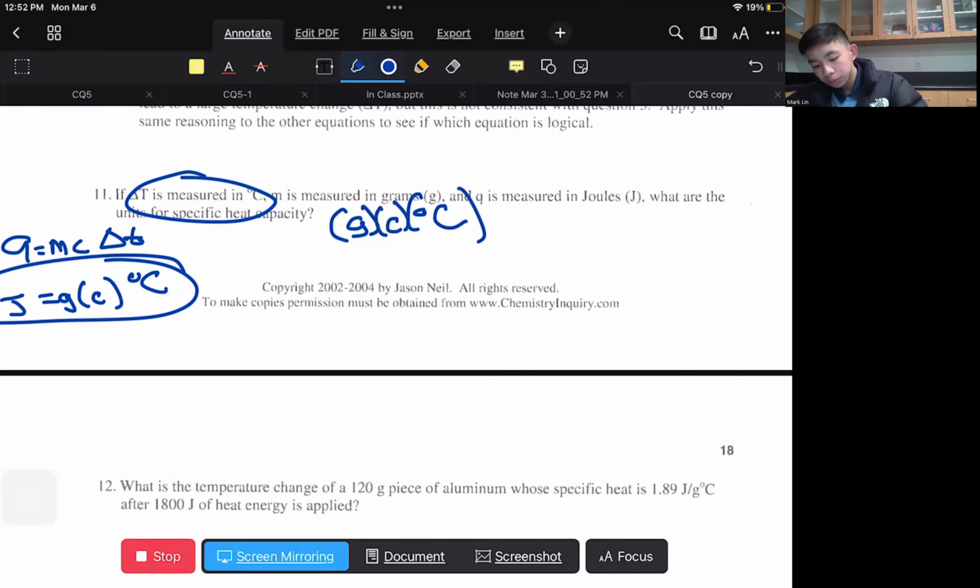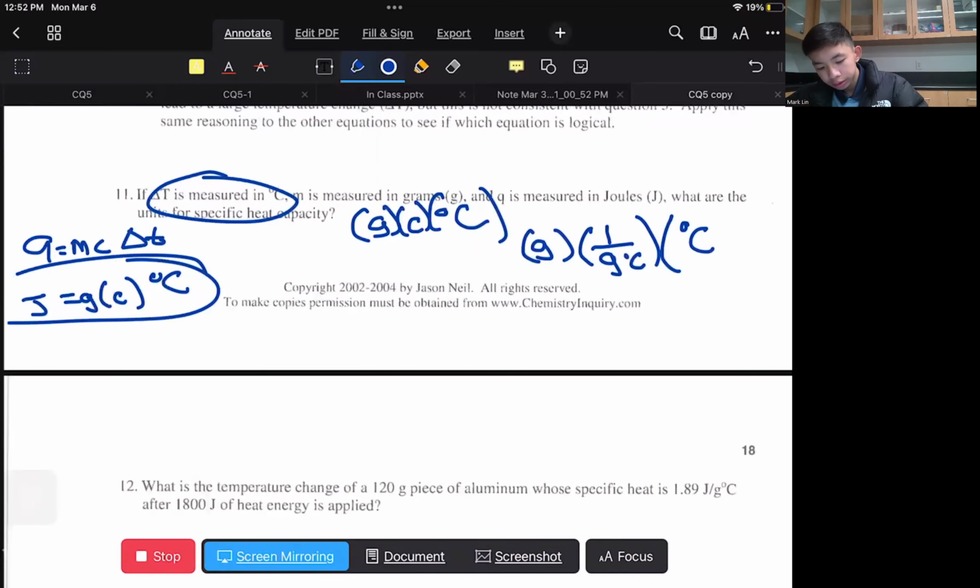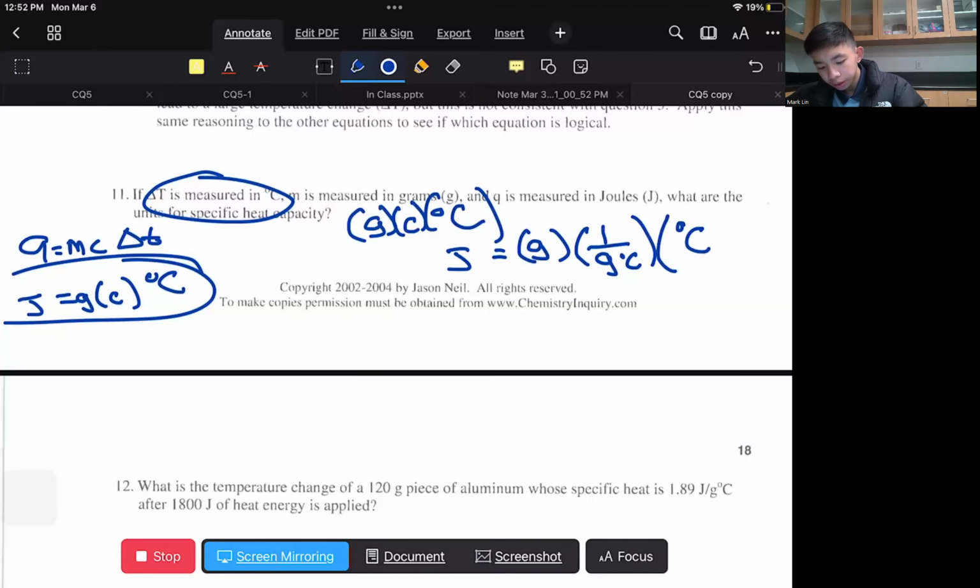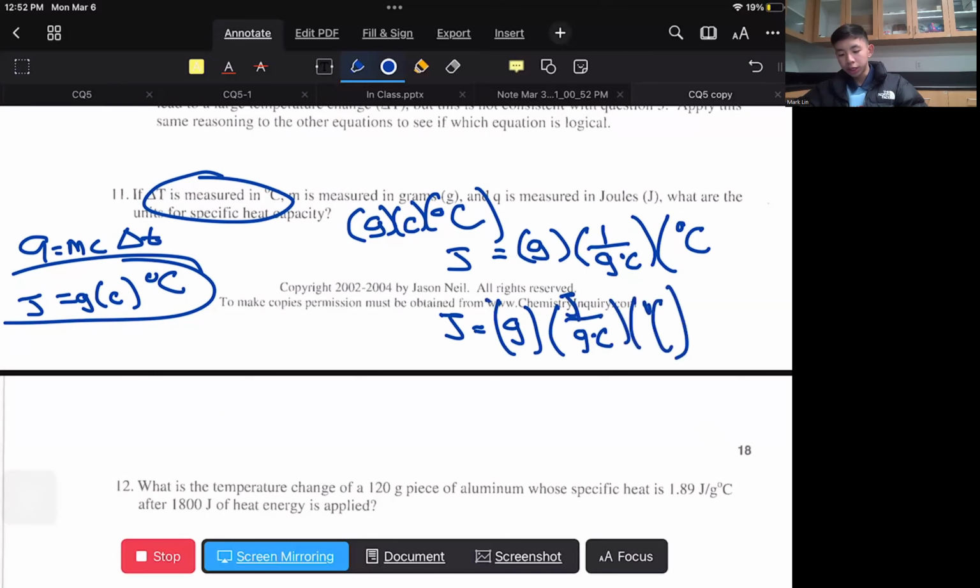So C will have to be 1 over grams degrees Celsius, keeping these consistent. And in order for J to equal J, it'll have to be J equals grams times 1 over grams times degrees Celsius, times J up here. We cross cancel these things out, boom, boom. We have J equals J. That's right.